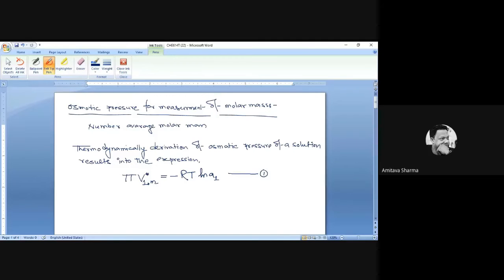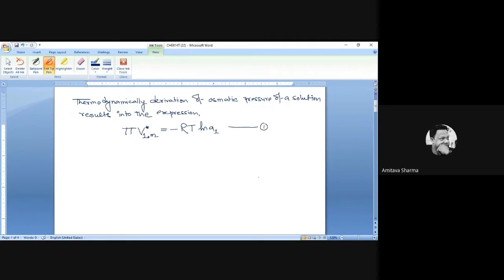So maybe this is equation 1, where V1 is the molar volume of the solvent, and A1 is its activity in the solution.